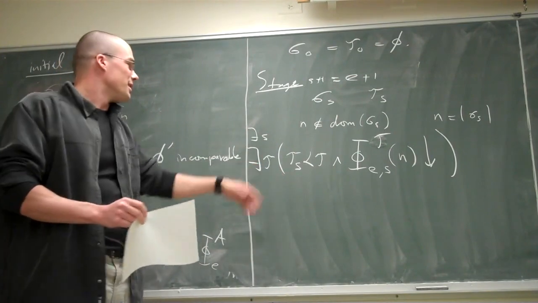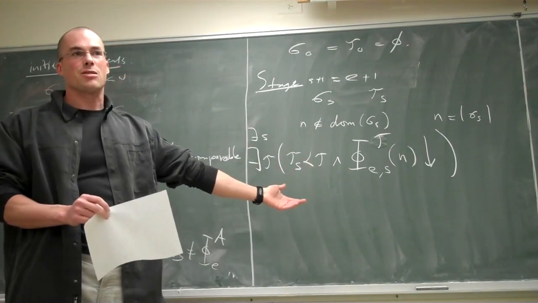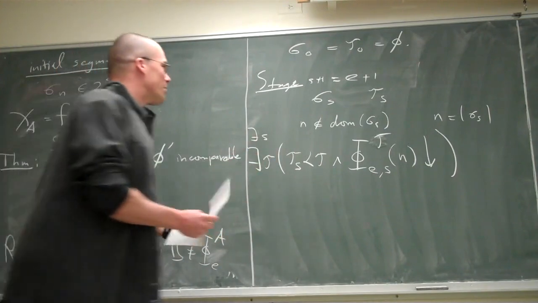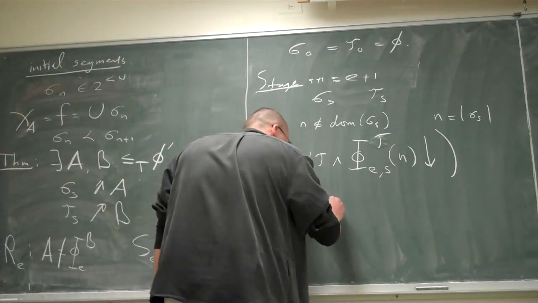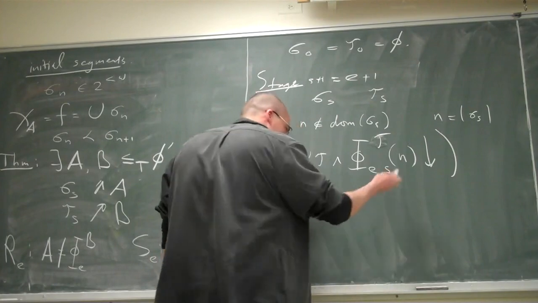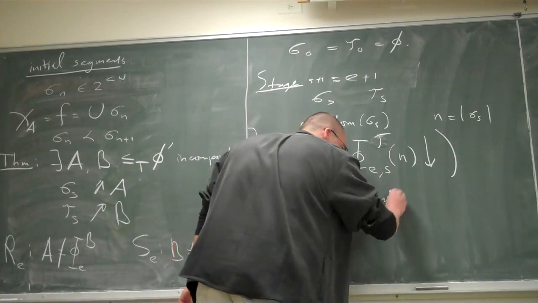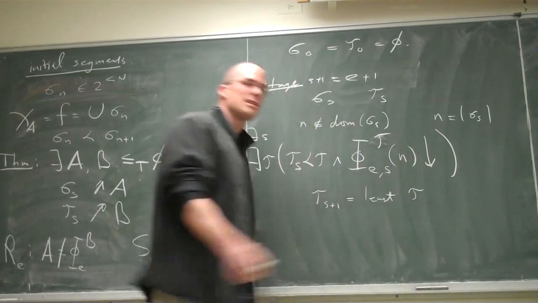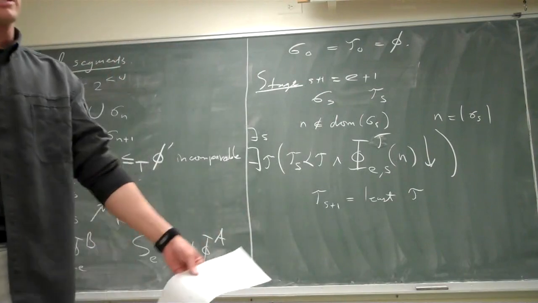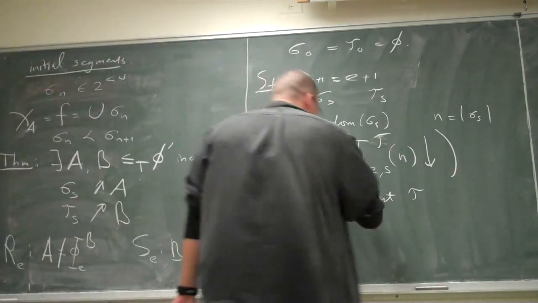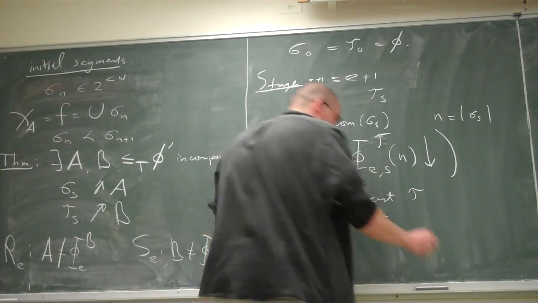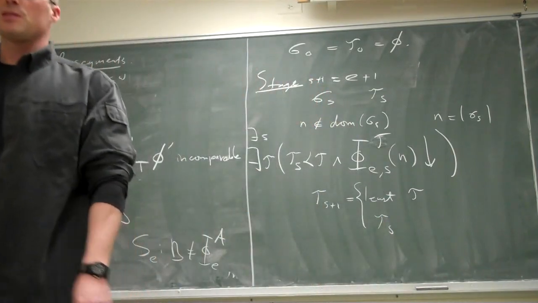And so either the answer is yes, there exists such a tau, then we can choose tau_{s+1} to be the least such tau, if there exists such a tau. Otherwise we let tau_{s+1} just be the same.